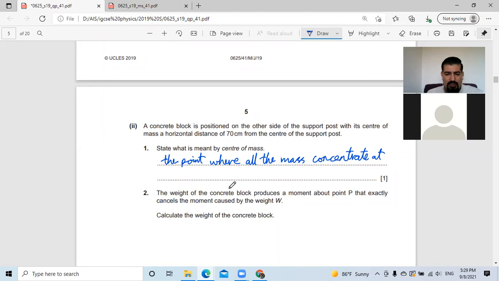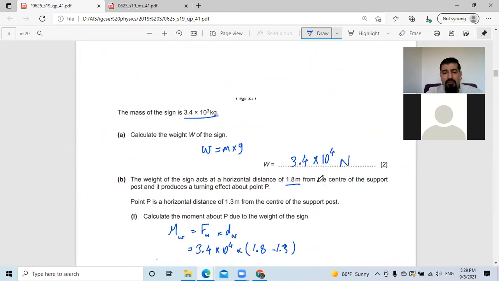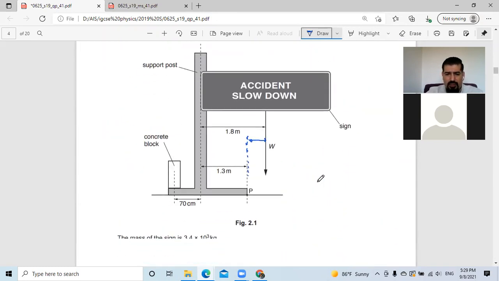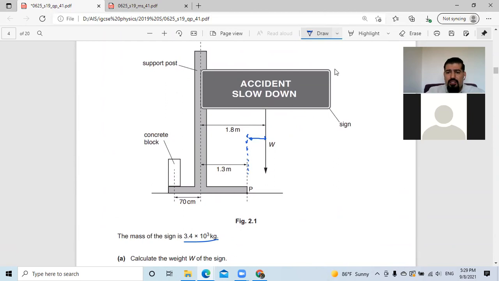Now, the weight of the concrete block produces a moment about P. Look here at the figure. Let's change the color. We have this point P, and we have this force downwards from the concrete that causes an anticlockwise moment, and this force from the weight that causes a moment what?